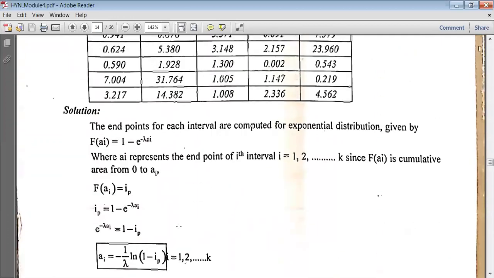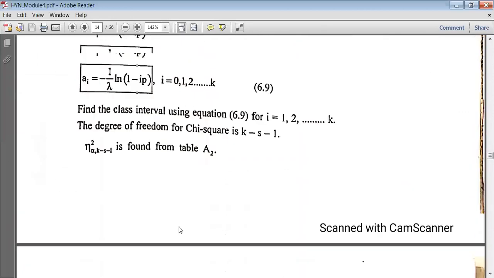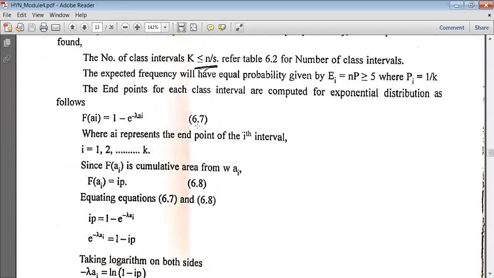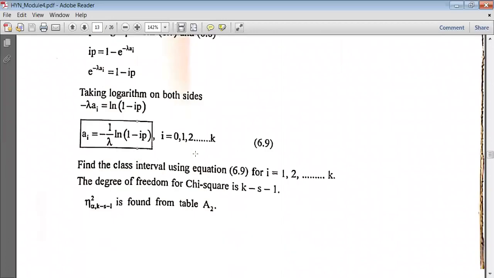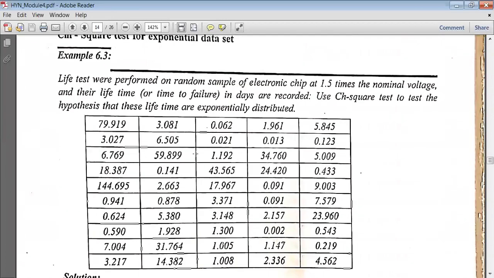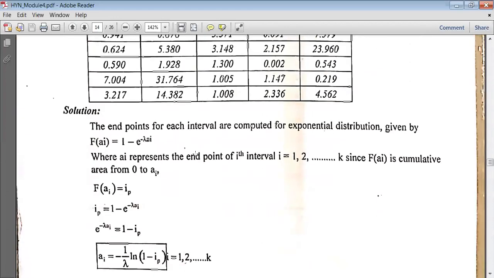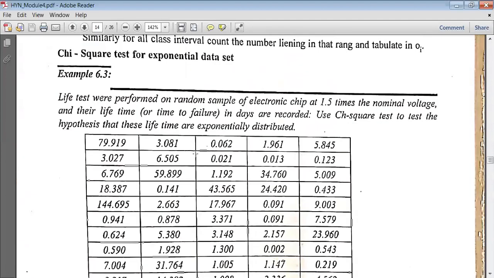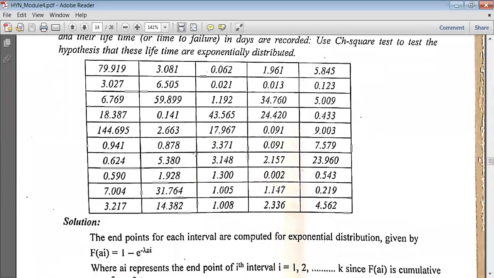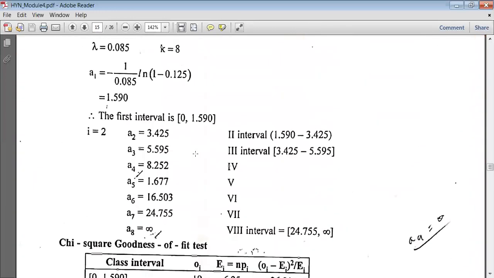Next we have the k. K is the number of intervals. The formula for k is k is less than or equal to n divided by s, right? So here s, they have taken it as 5.